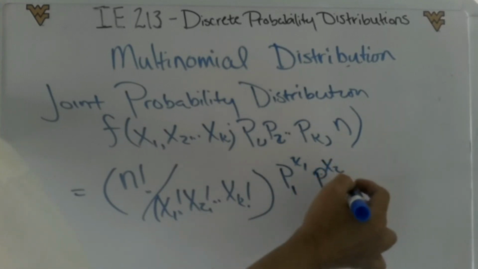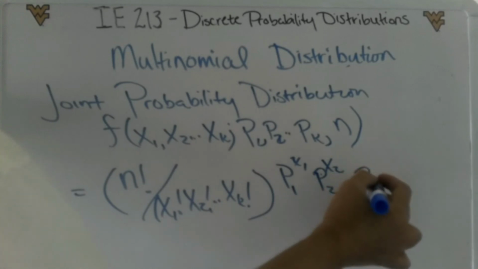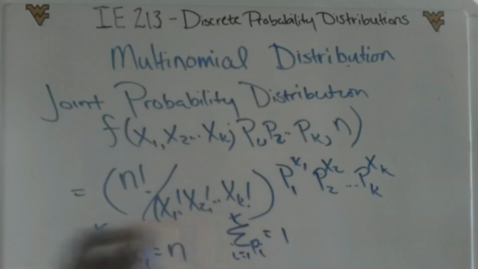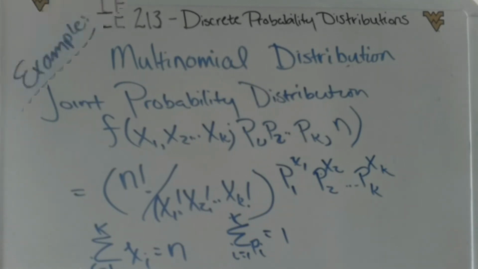These are the probabilities of success of each outcome. All of our probabilities have to sum to 1, and the sum of our x's has to equal n. With that, we're going to go through an example.